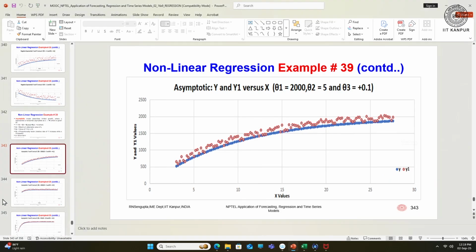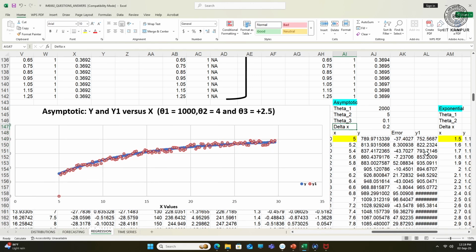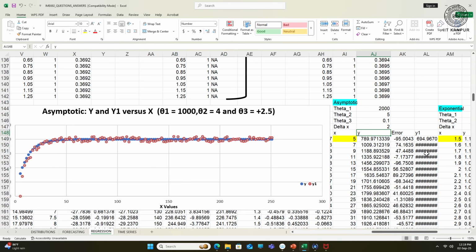So, if I consider a starting value of x, which is also interesting, let us consider a starting value of 5 and a delta value of 2. You can see how the graph is changing, but the general pattern remains the same, and the error terms are almost of the same quantum, plus minus, average value is 0.